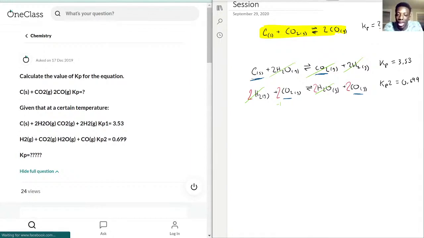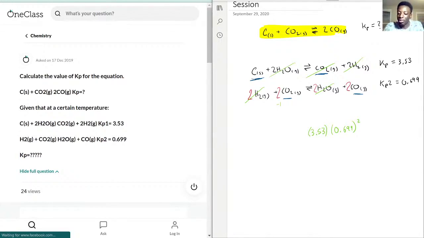But what happens to the Kp value for this? Remember, when you add an equation, you multiply it. So what we've really done here is that we've squared it, because we added the second one of it, so then we multiply it by itself. So now that Kp is going to be 0.699 squared. And don't forget the first equation we use is going to be multiplied by the 3.53.